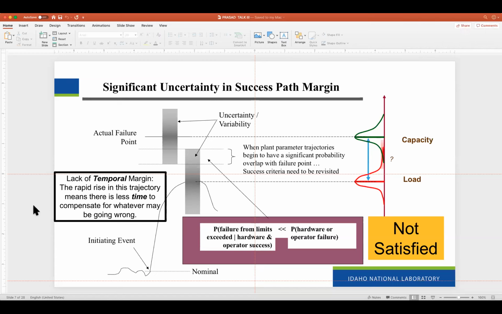Well, I think one reason that the licensing modernization project really caught my eye is that I believe its discussion of defense in depth is just highly regarded by people.